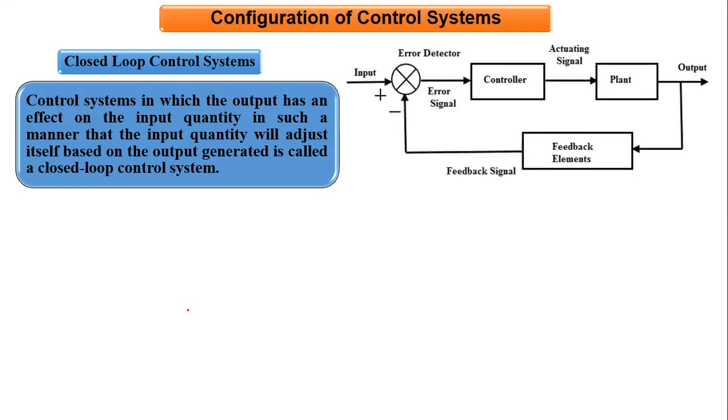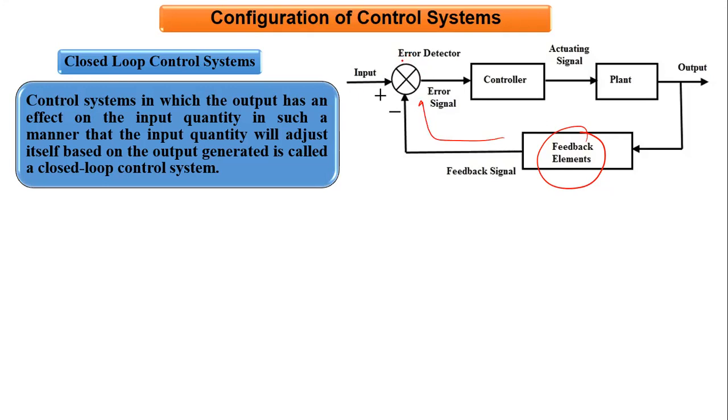So this is the block diagram representation of a closed loop control system. In this, we can see we have a controller, we have the plant, then also we have feedback elements. These feedback elements monitor the response of the system, measure the output of the system, convert that output into an equivalent quantity and send that to the comparator.